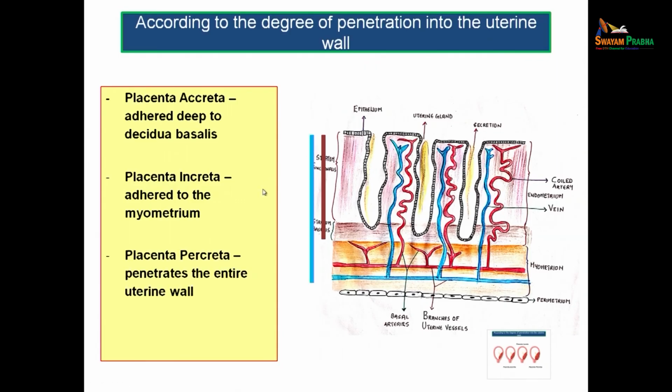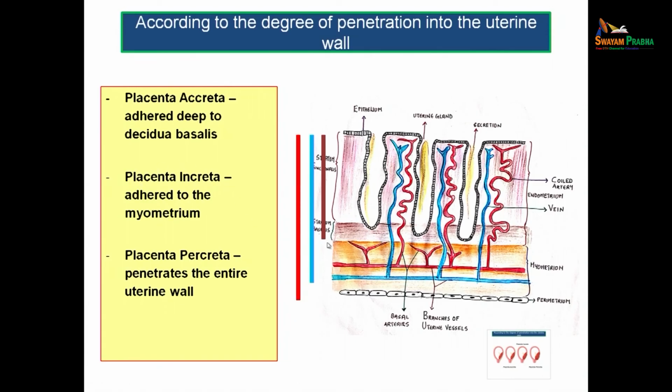So, what do you mean by all these different varieties? Placenta accreta means it is adhered deep to the decidua basalis. So, in the endometrium, if it is going deeper to the deeper aspects of the endometrium, you call it as placenta accreta. What do you mean by increta?